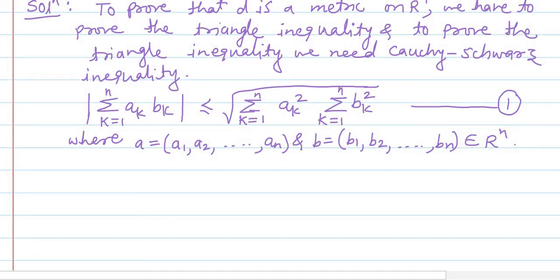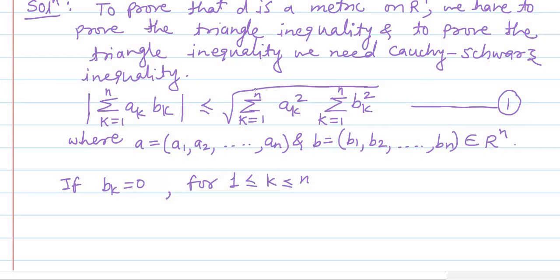So first of all, let us consider if bk is equal to 0 for 1 less than or equal to k less than or equal to n. Then definitely the result denoted by relation 1 follows directly. Why?